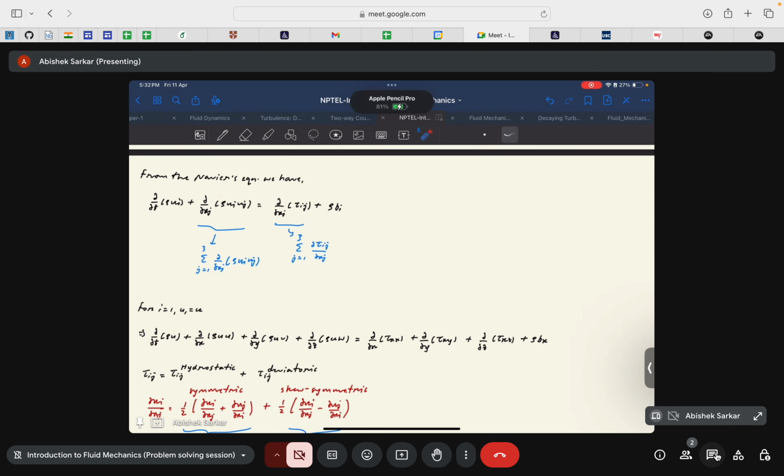Similarly, in the next term, dou by dou xj of tau ij, let me just write it so that the confusion is removed.